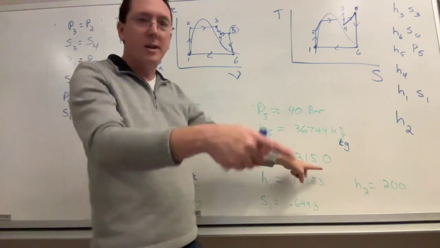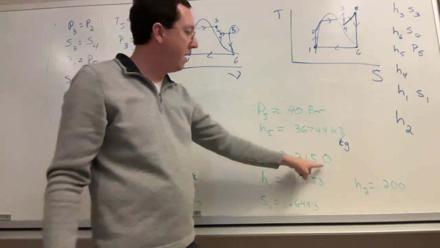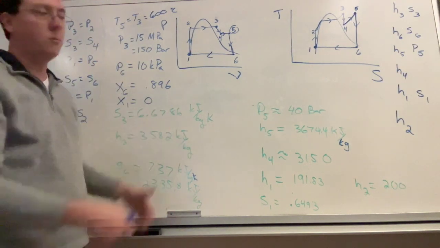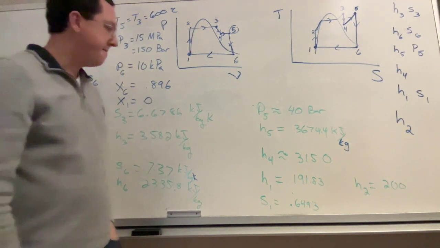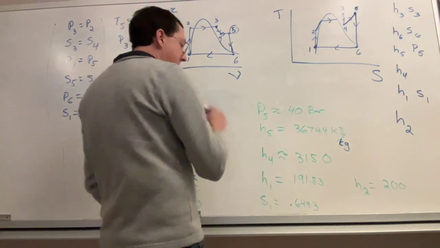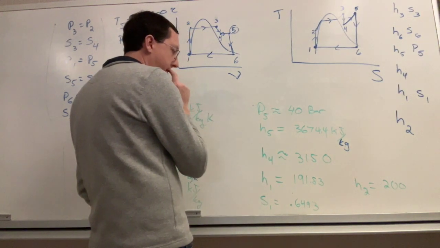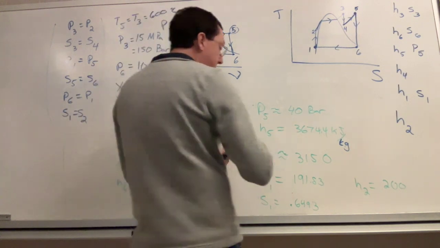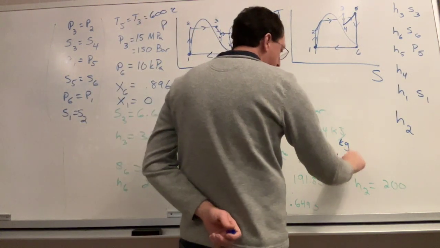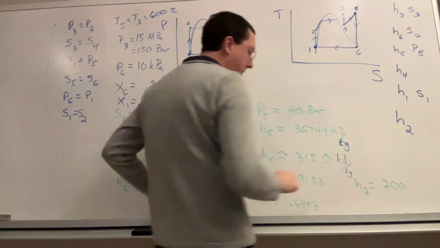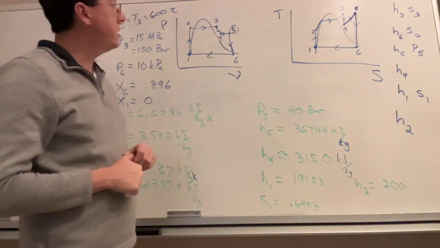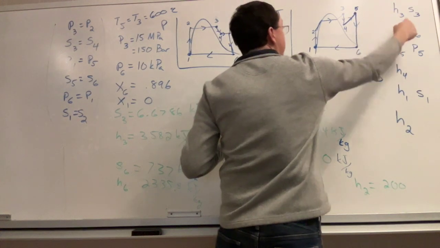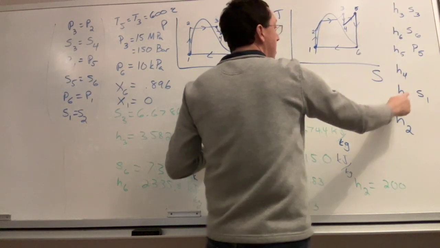I think the book that worked it out in more detail had 3155. So 5 kilojoules is nothing in the scheme of what we're doing here. So that gave us the enthalpy at state 4, in kilojoules per kilogram.